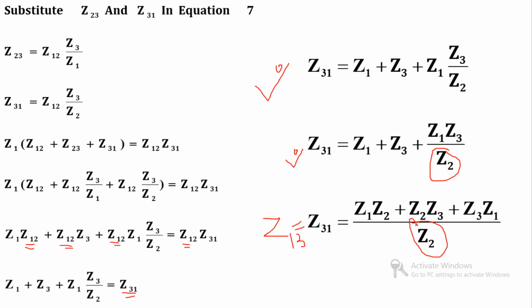So, this is the impedance Z31 if you convert star connected load into delta connected load, then one of the impedances, that is Z31, looks like Z1 Z2 plus Z2 Z3 plus Z3 Z1 divided by Z2. So, this is your impedance Z13.